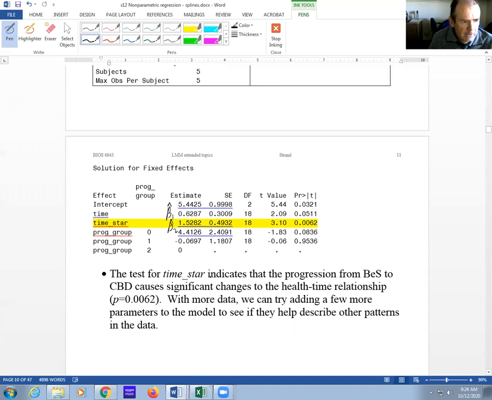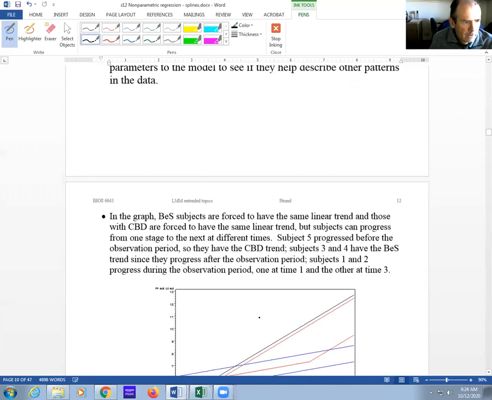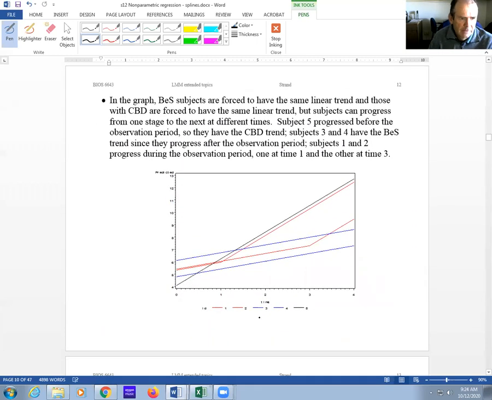Now here's the thing that we can do with our predicted values from this model. Because we have subject-specific knots, we can get predicted values that are subject-specific as well. So I have here 5 subjects just to illustrate this. I know the graph is not that great, but it's kind of a default graph.